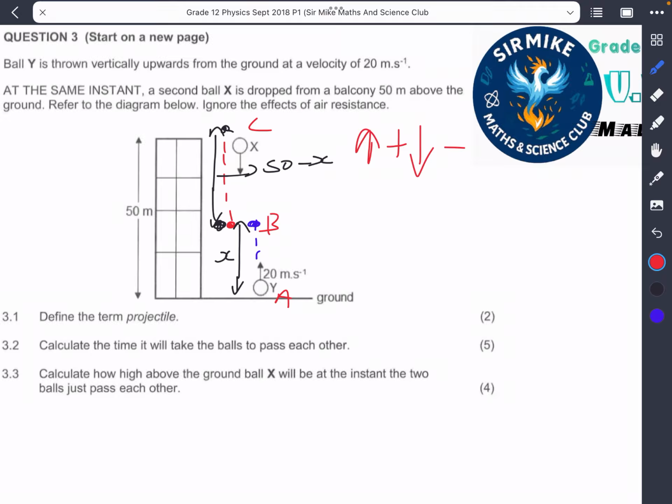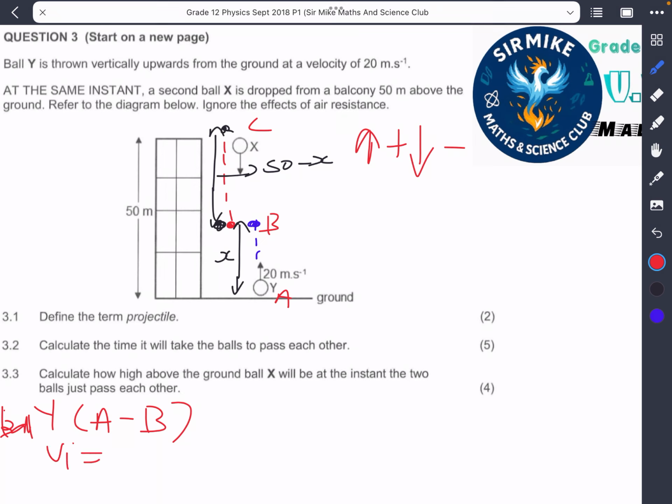Since pole Y was thrown upwards, I'm just going to take the data between point A and B for ball Y. Between those two points, I know that the initial velocity was given as 20.